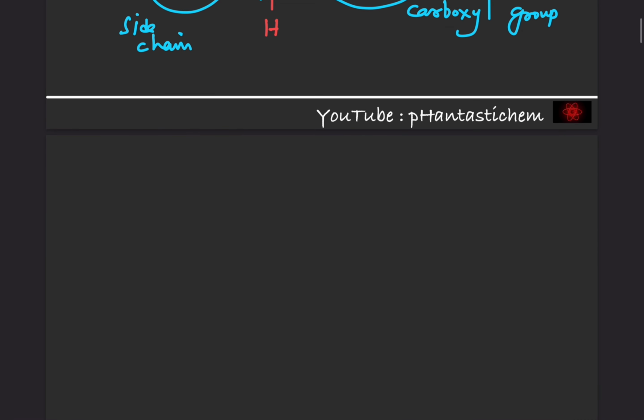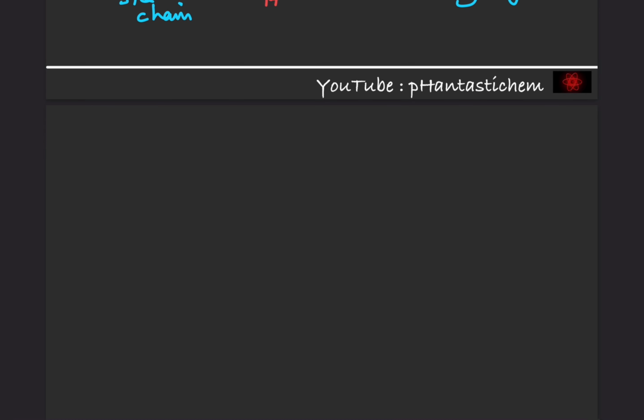So peptides are formed by condensation of amino group of one alpha amino acid with the carboxyl group of another molecule of same or different alpha amino acid with the elimination of a molecule of water. Okay, important. So I will write it down.